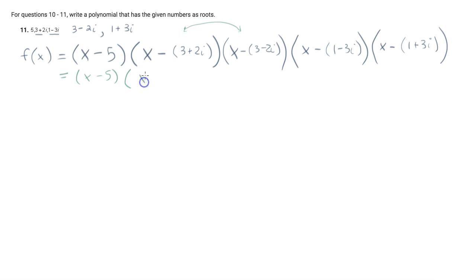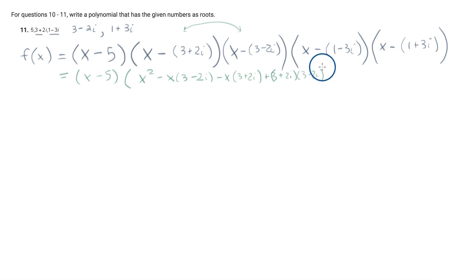We're going to get x squared minus x parentheses 3 minus 2i, minus x parentheses 3 plus 2i, plus 3 parentheses plus 2i times 3 minus 2i.